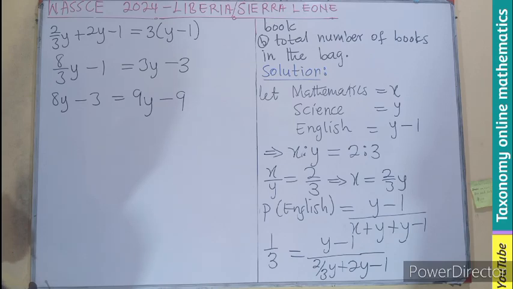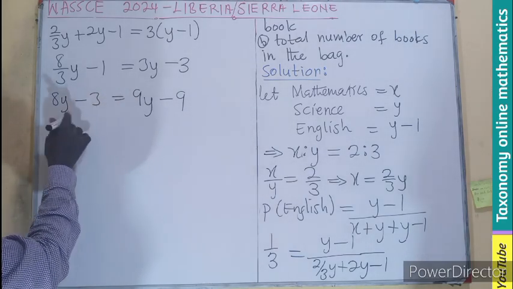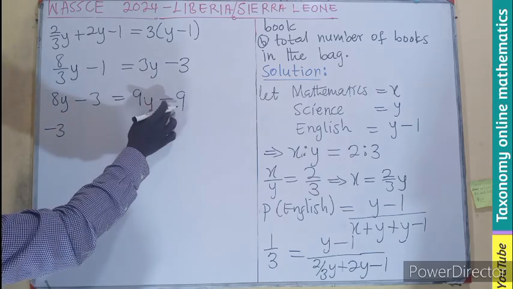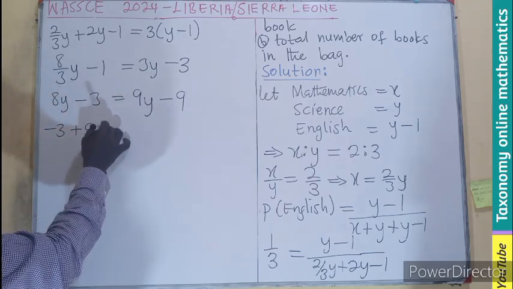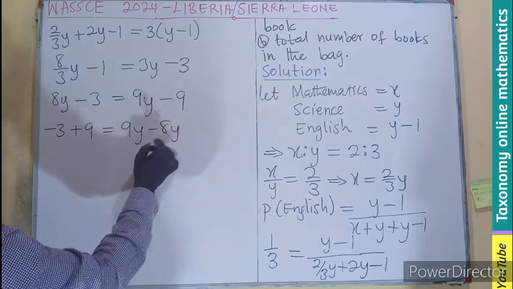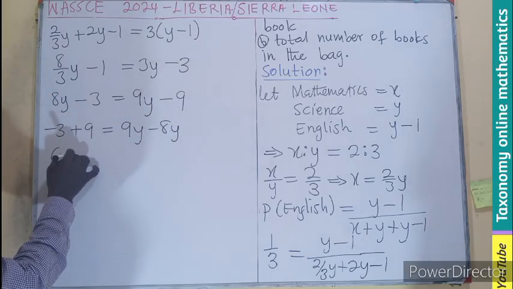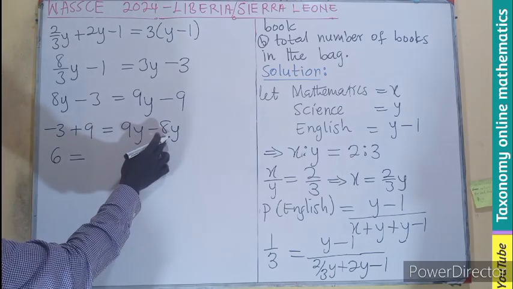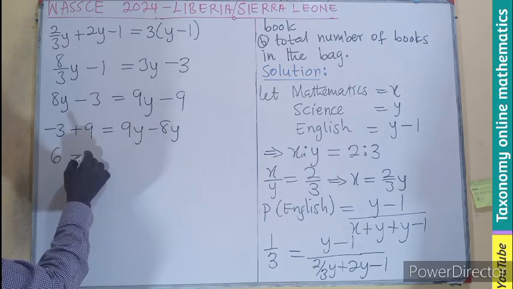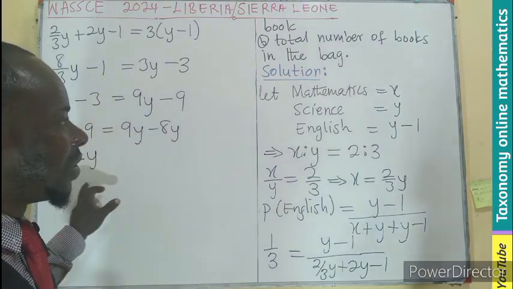So we can group like terms now. Let's maintain the 9Y, maintain the minus 3. Negative 9 becomes plus 9. 9Y minus 8Y. 9 minus 3 will be 6. 9 minus 8 will be 1. So we have Y. Meaning the value of Y is going to be 6.